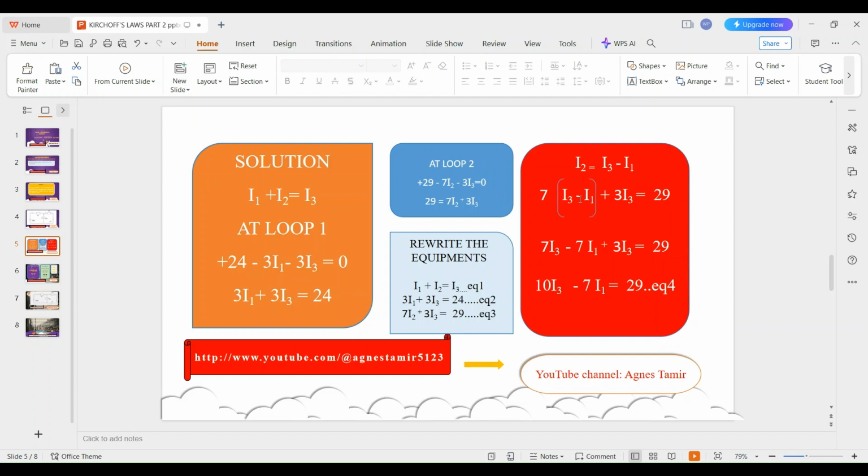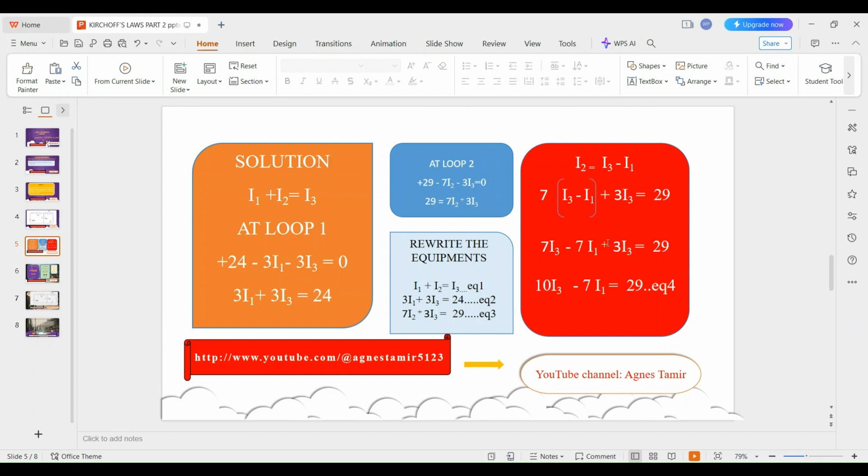Let's open the brackets. We have 7 multiplied by I3 is equal to 7 I3. 7 multiplied by negative I1, we shall have negative 7 I1. Then we had 3 I3 is equal to 29.